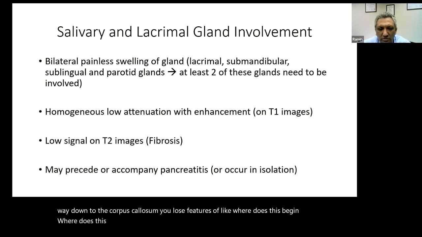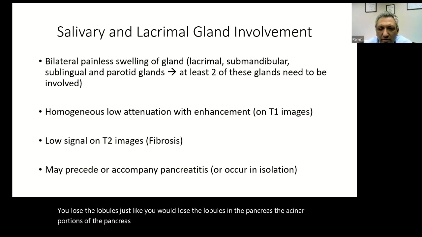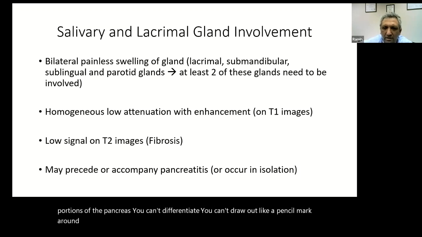You lose the lobules, just like you would lose the lobules in the pancreas, the acinar portions of the pancreas. You can't draw a pencil mark around those lobules because there's so much infiltrate and it goes everywhere in that gland. It becomes featureless.